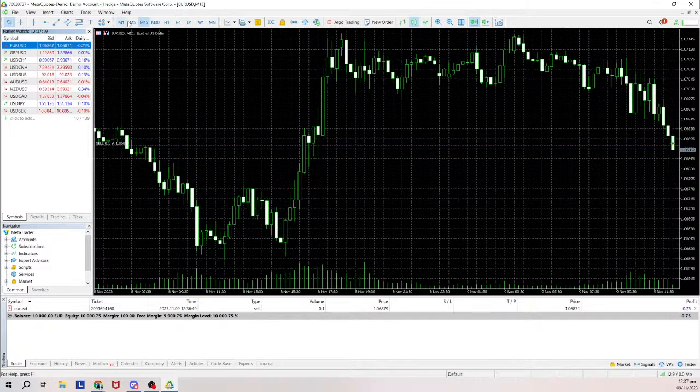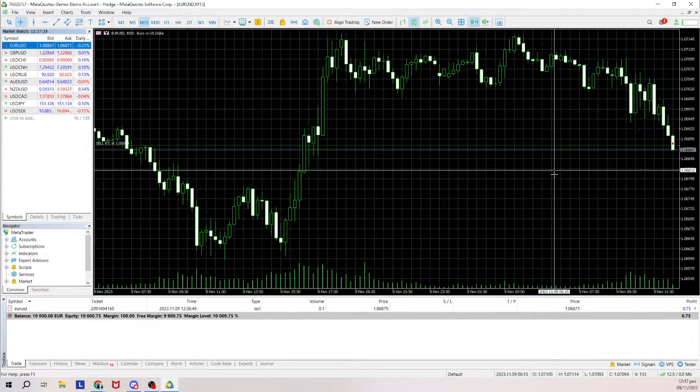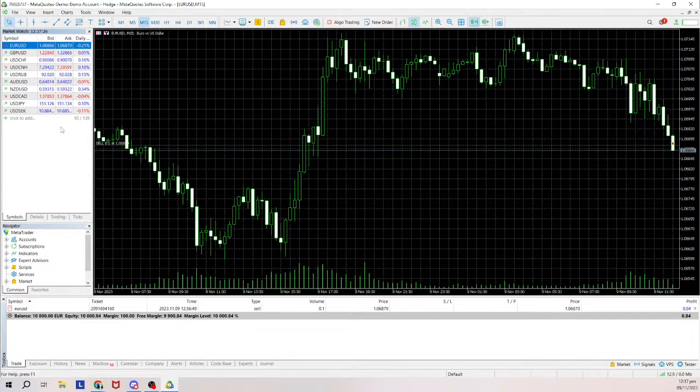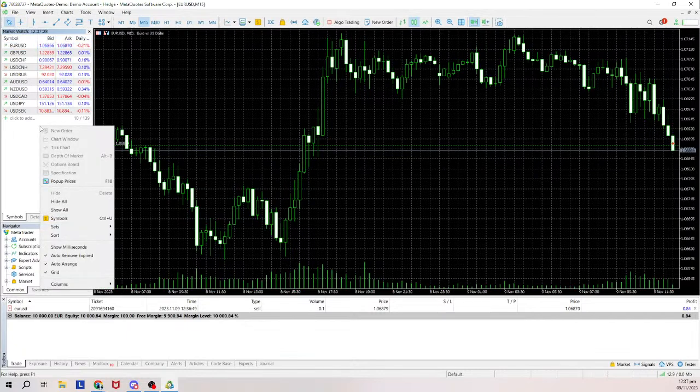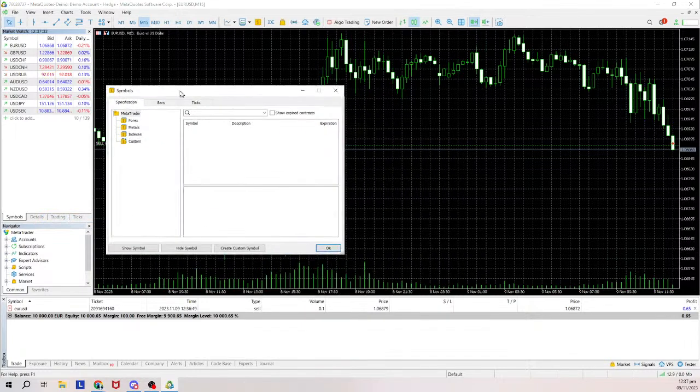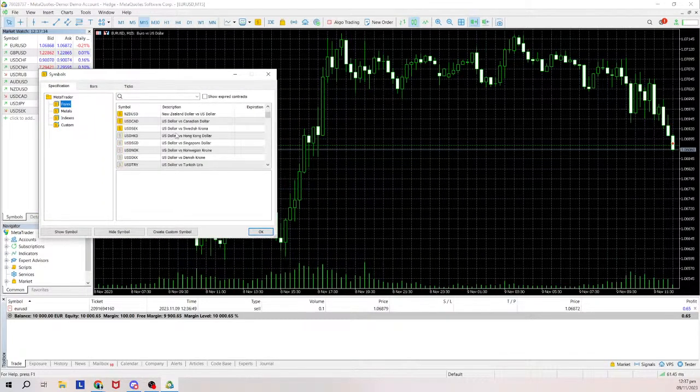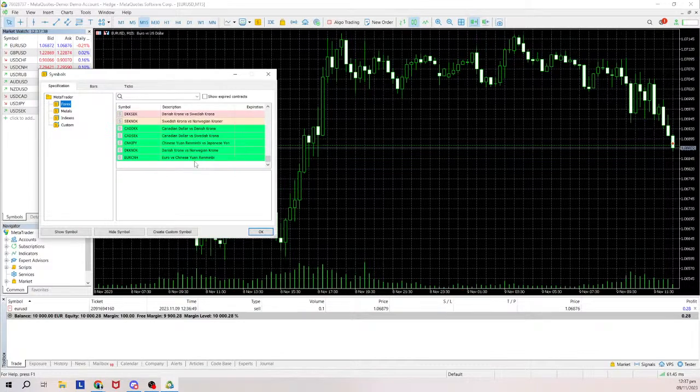So we went over the different time frames. We went over how you can scroll. Let's say we want to try to have a look at different assets. We can go to symbol, and right in front of us, we can see here are all the different forex pairs available. You can trade on any of those that you'd like.